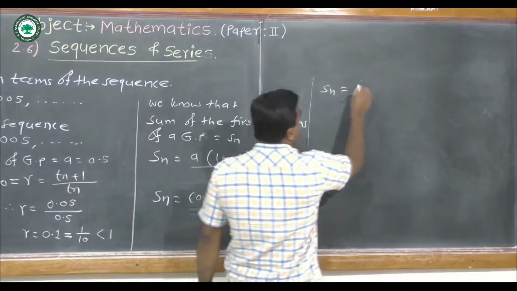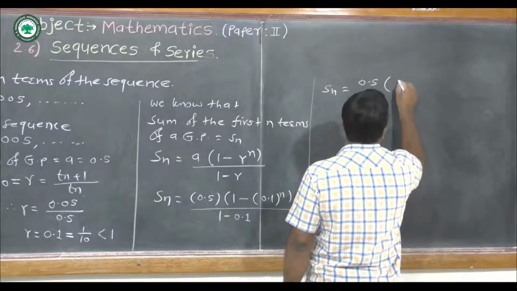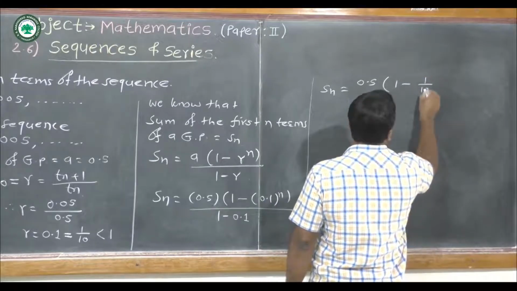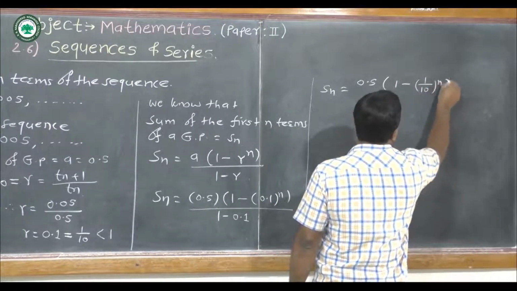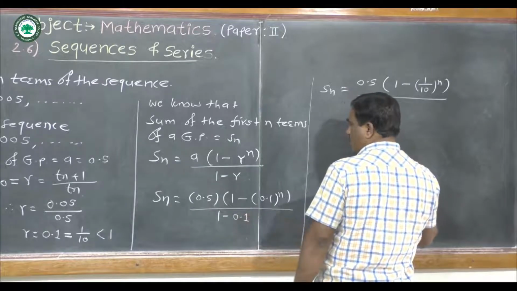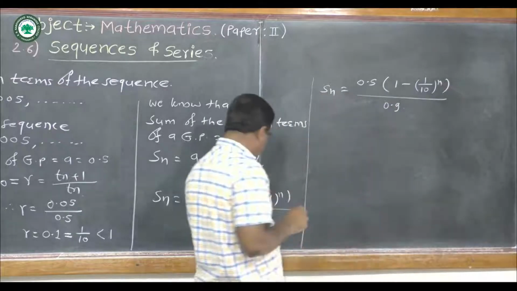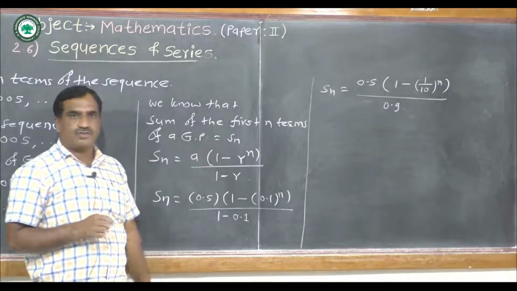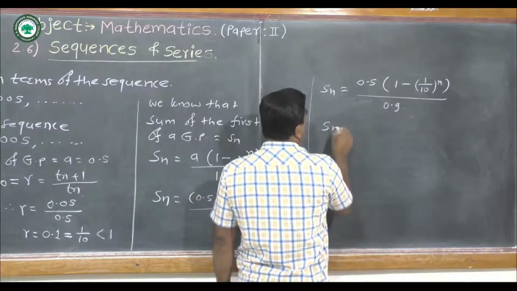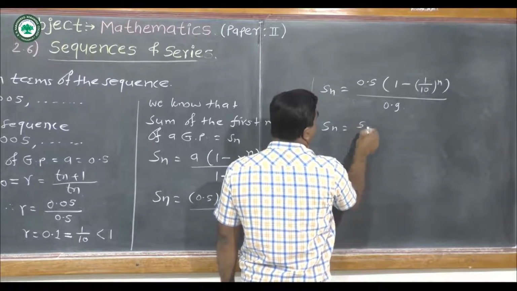Okay, that is Sn is equal to 0.5 as it is, into, in bracket, 1 minus 0.1, means 1 by 10, bracket raised to n, upon 1 minus 0.1, means 0.9. Subtraction of 1 minus 0.1 is 0.9. That is, we can write here Sn is equal to 0.5 upon 0.9, means 5 by 9.